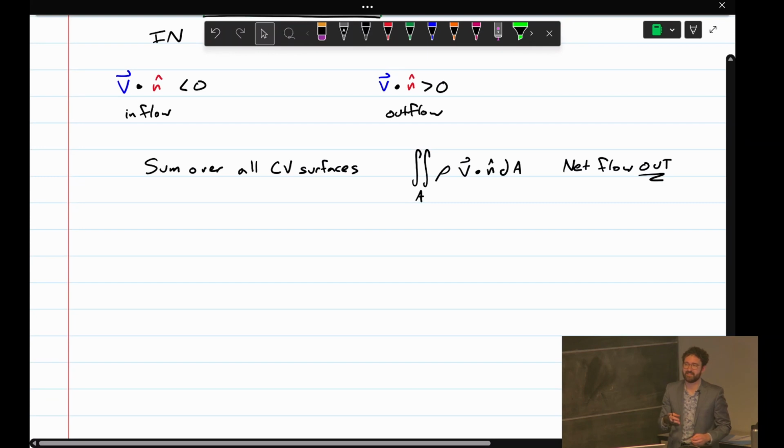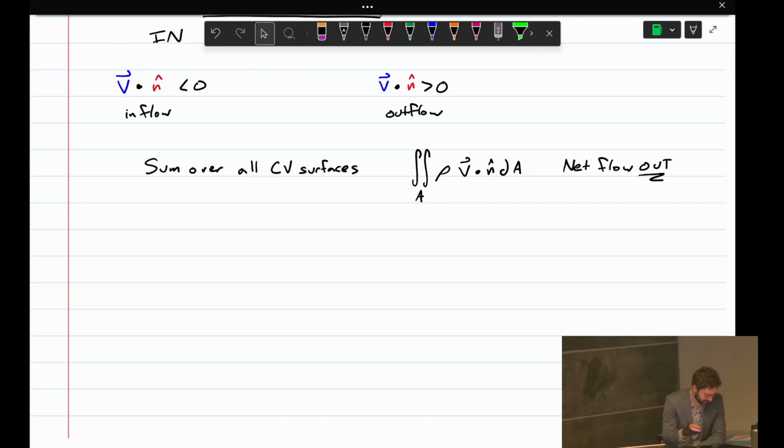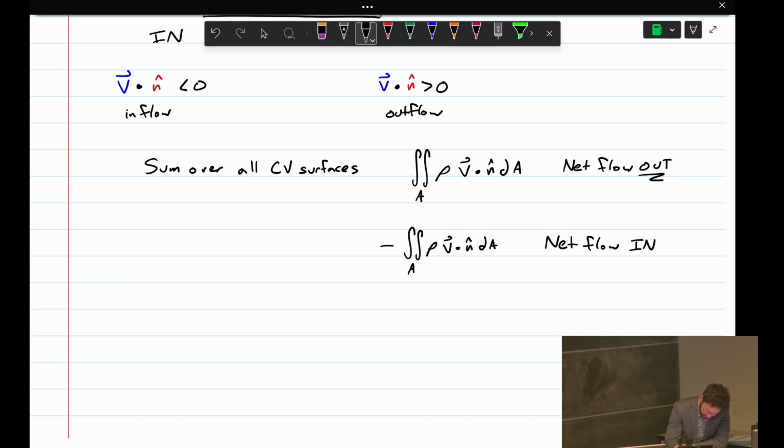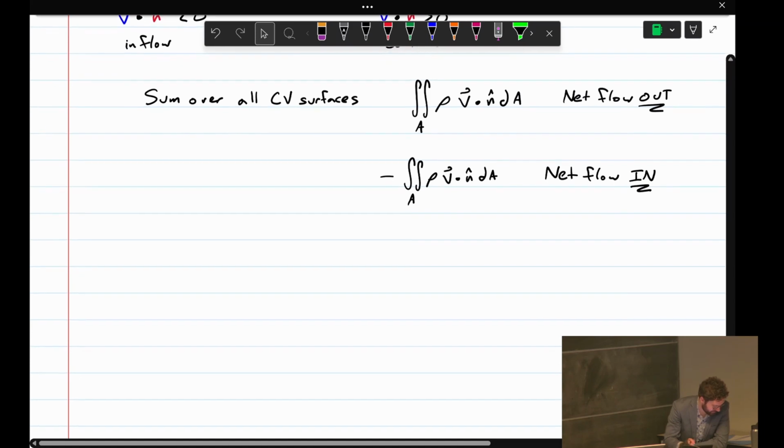But conservation of mass says that the accumulation of mass should be directly equal to the net flow in. So that's why we're going to have a negative here. So if I do a negative rho v dot n, that gives us our net flow in.